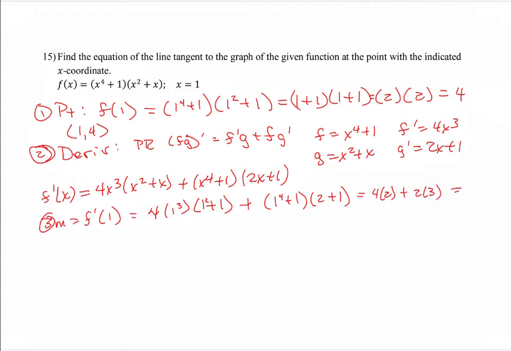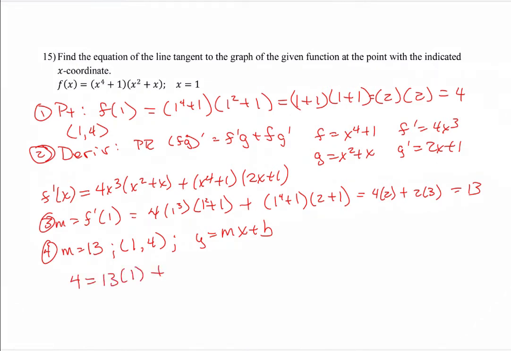So that's 8 plus 6 is 14. So we have m equals 14. We have the point 1, 4, and we have the line y equals mx plus b. So then we have 4 equals 14 times 1 plus b. So 4 equals 14 plus b. So negative 10 equals b.